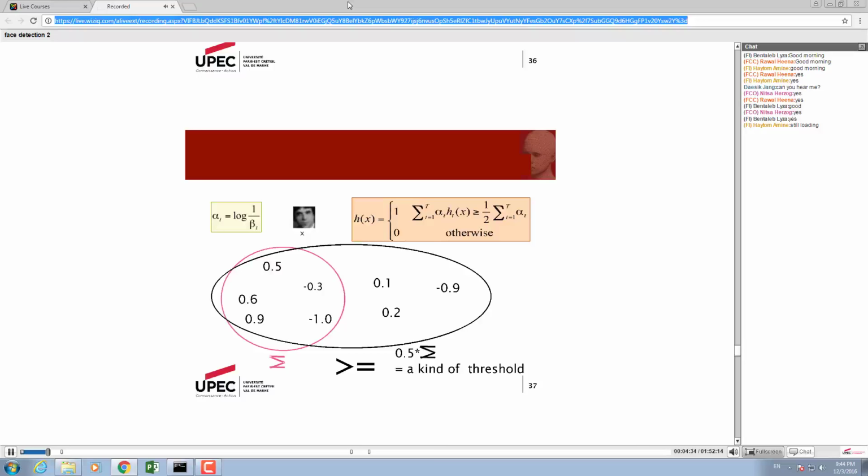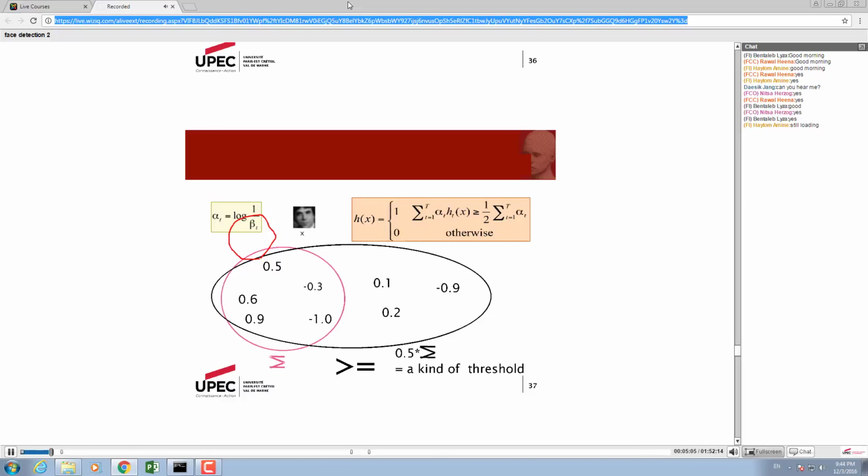By the way, in front of each h_t(x), we are multiplying alpha. So alpha is another variable that has this formula, right? So let me draw. Okay, log function of 1 over beta.